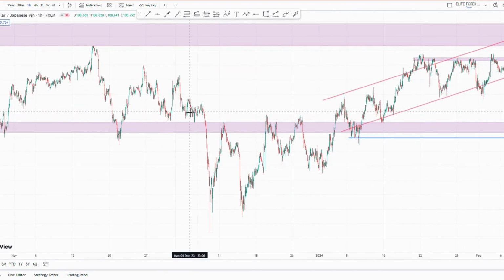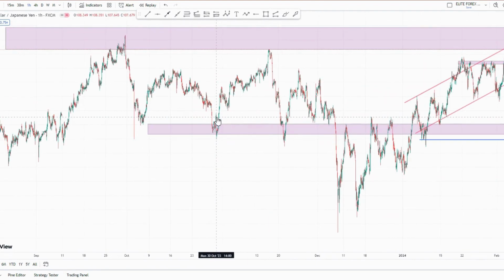It can take all the money in your account, except maybe you're very skillful and you know how to use support and resistance very well. That is when you can trade the consolidation trend, but I will still advise you not to trade that.